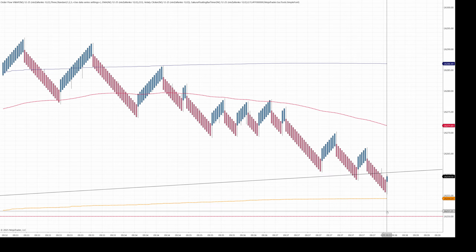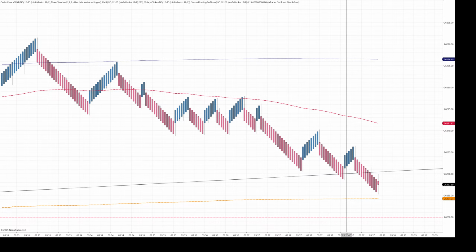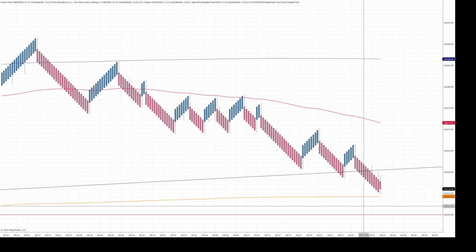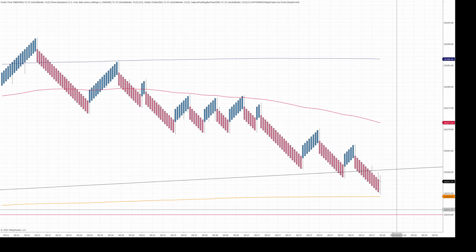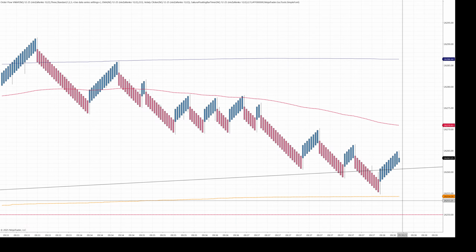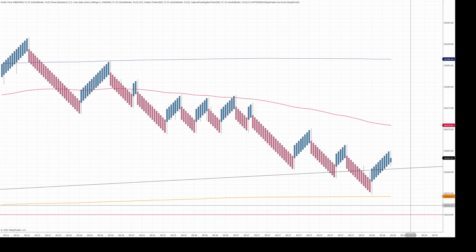Okay, let's see how it behaves around VWAP. Kind of wanted to see it touch VWAP and then we go up. And it did not do that.